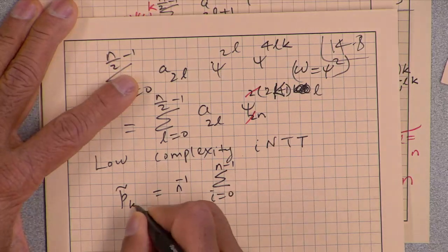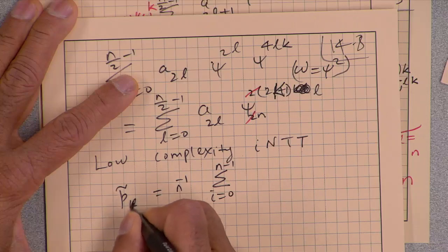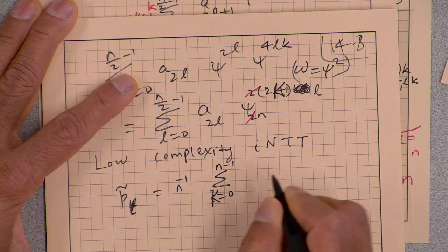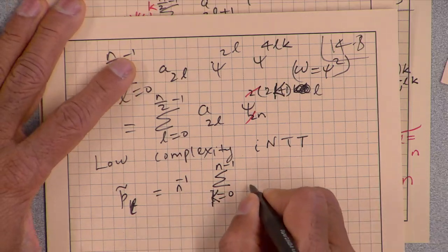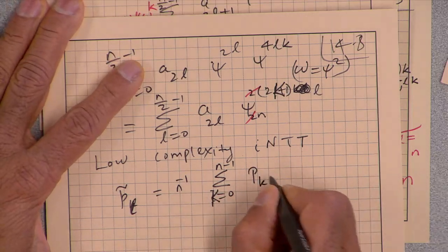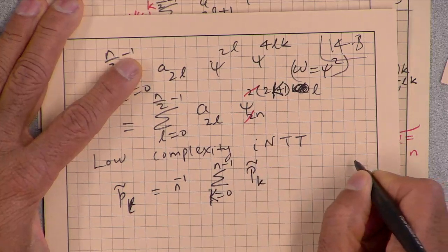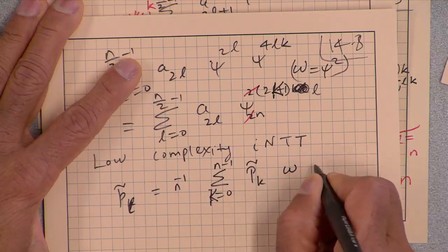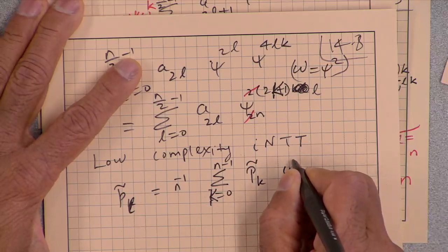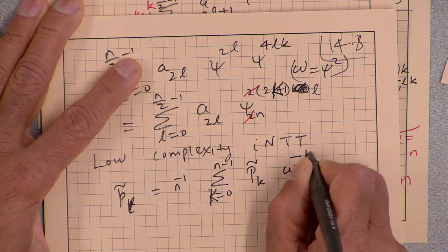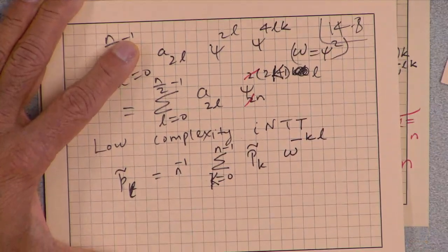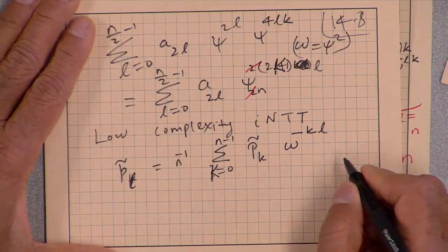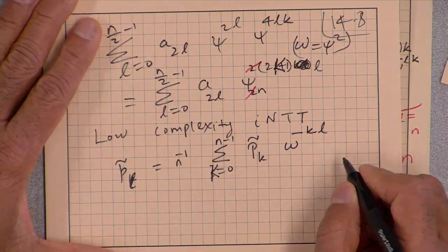Maybe I shouldn't be using k, I should be using L here and should be using k here. Okay, so PL tilde is equal to summed over all k, pk tilde omega to the power minus kl. Okay, that is the equation for the p tilde.